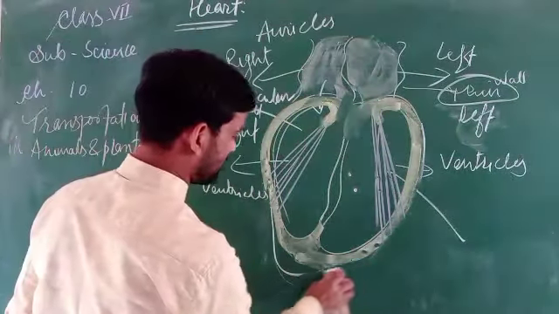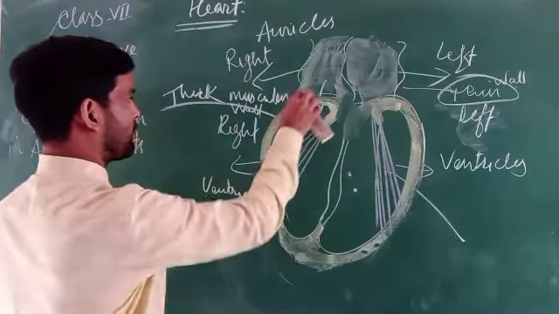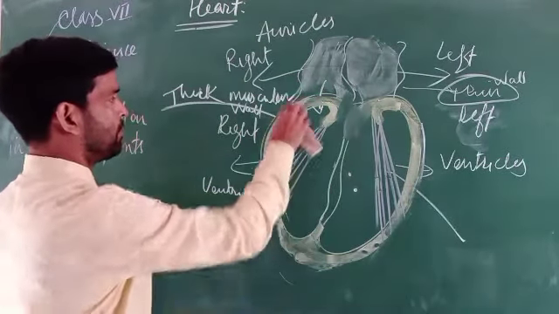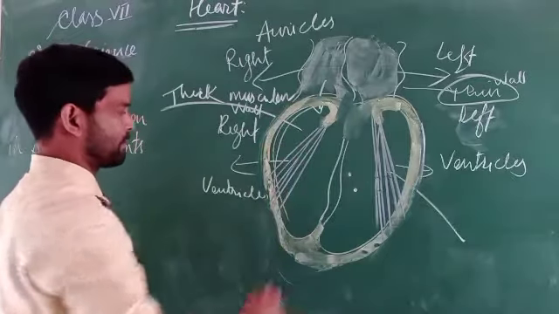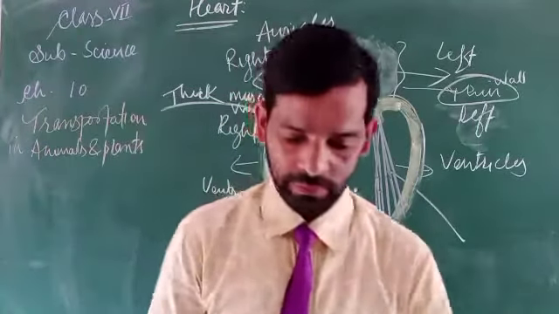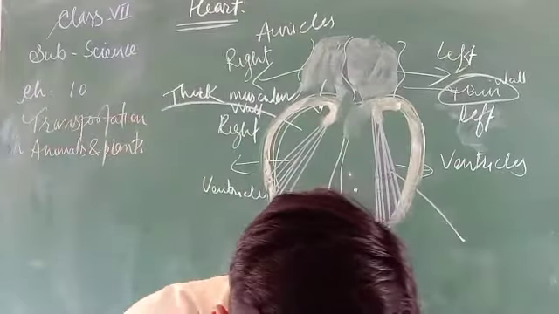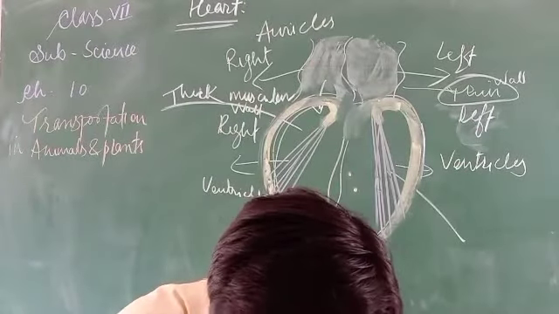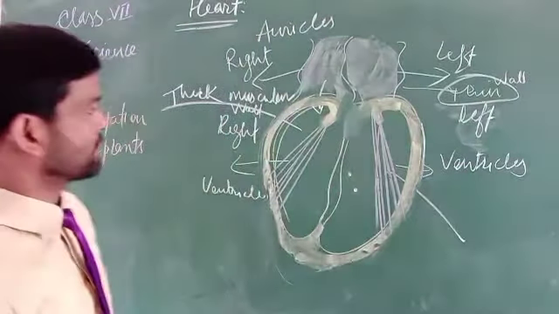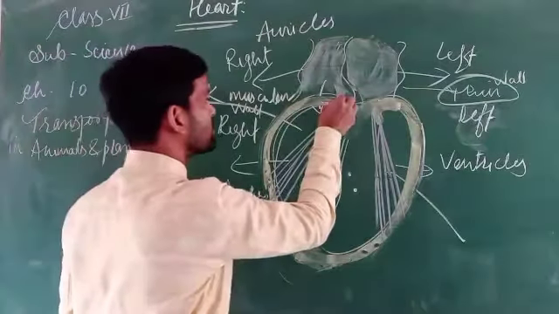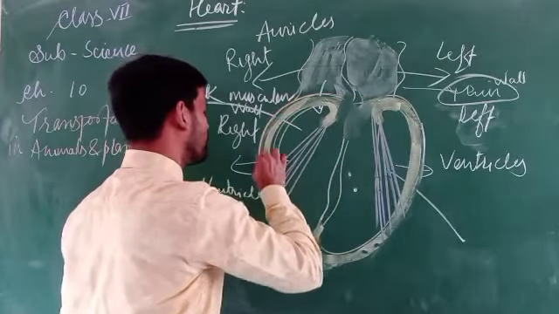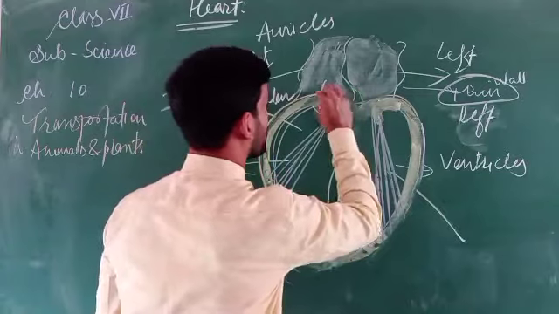It is protected from the outer region. The pericardium contains fluid which protects the heart from shock or mechanical injuries. Why?